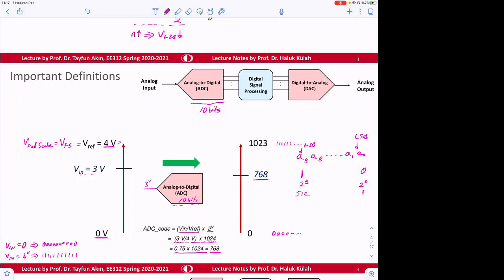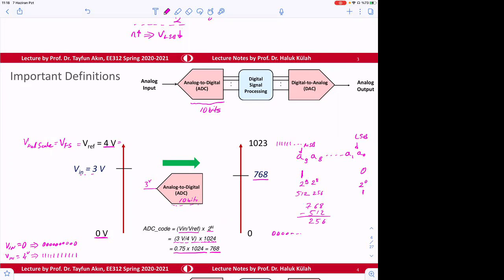How can we find the next digit? 2 to the power 8 is 256, the weight of it. If I take 768 and subtract the 512 I used, what is left is 256.